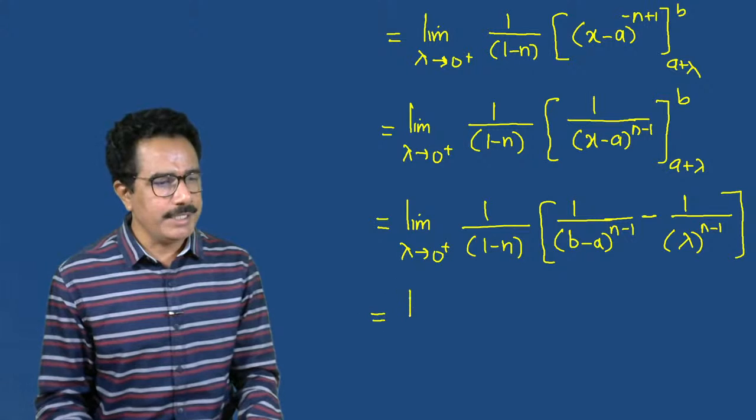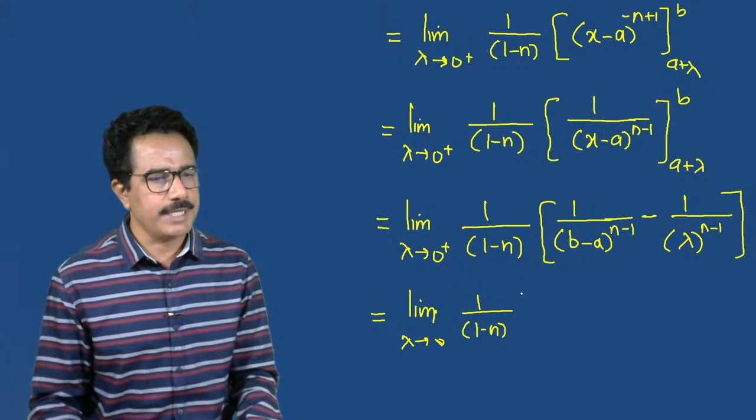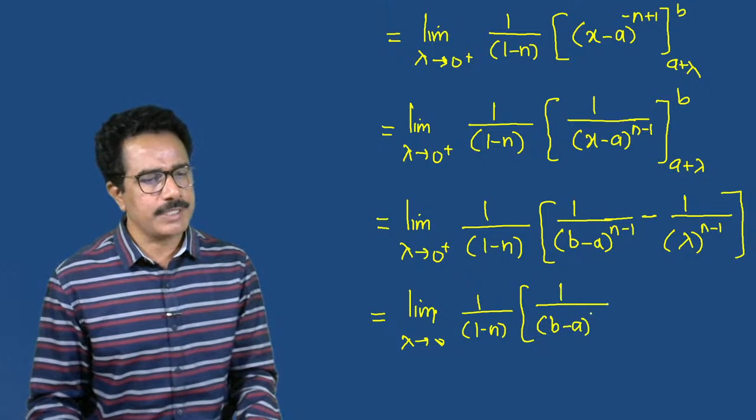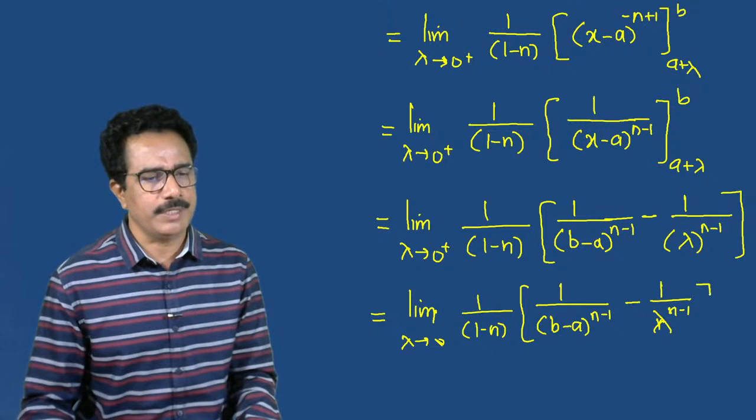So limit lambda tends to 0, 1 upon 1 minus n, we can write 1 upon b minus a raised to n minus 1, minus 1 upon lambda raised to n minus 1.